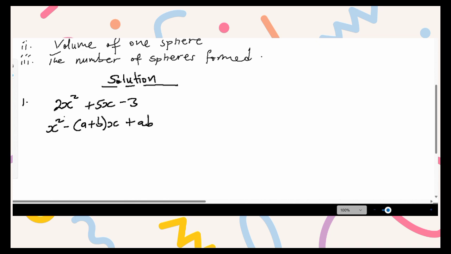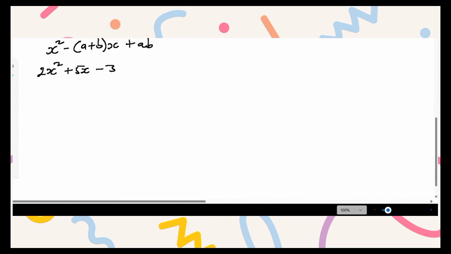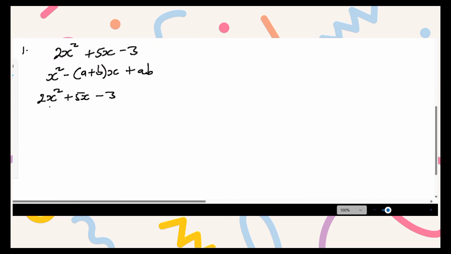That is, how do we let the coefficient of 2x squared plus 5x minus 3 become 1? So this is possible by dividing each of the terms by the coefficient of x squared.